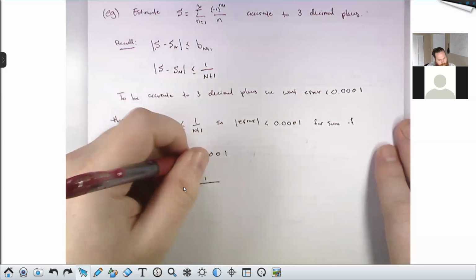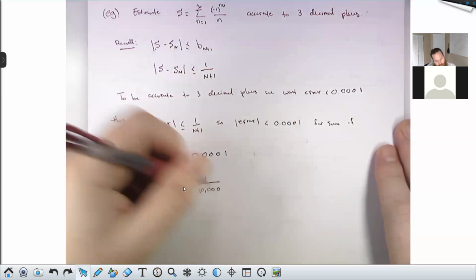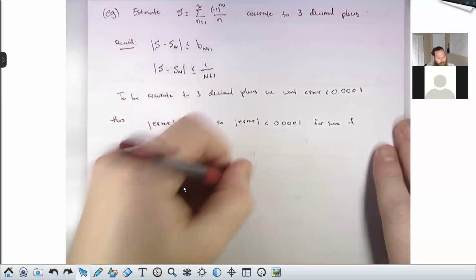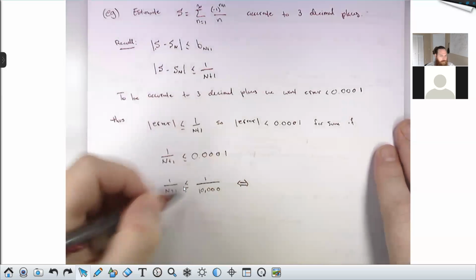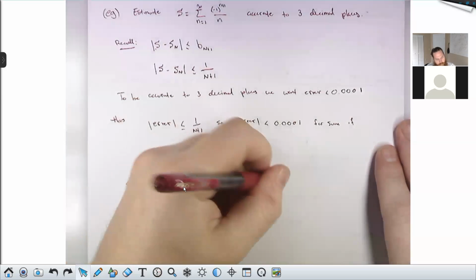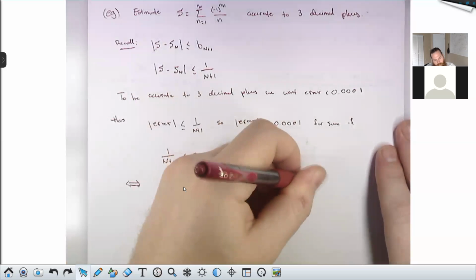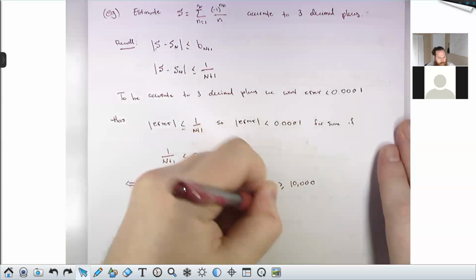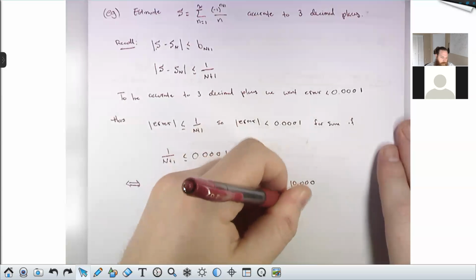Then I can take the reciprocal on both sides, and that will flip the sense of the inequality. So this is equivalent to saying n plus 1 is greater than or equal to 10,000, which is equivalent to saying that n is greater than or equal to 9,999.